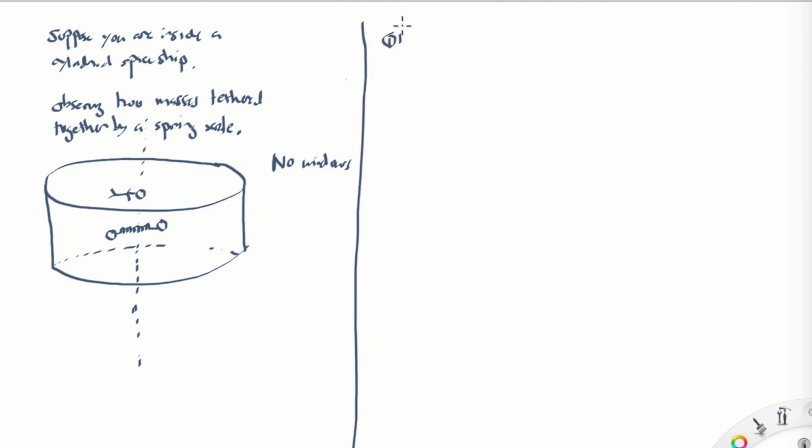So question one is, let's suppose that you look down at these two masses, and you observe them spinning around this axis, orbiting about the drawn axis.